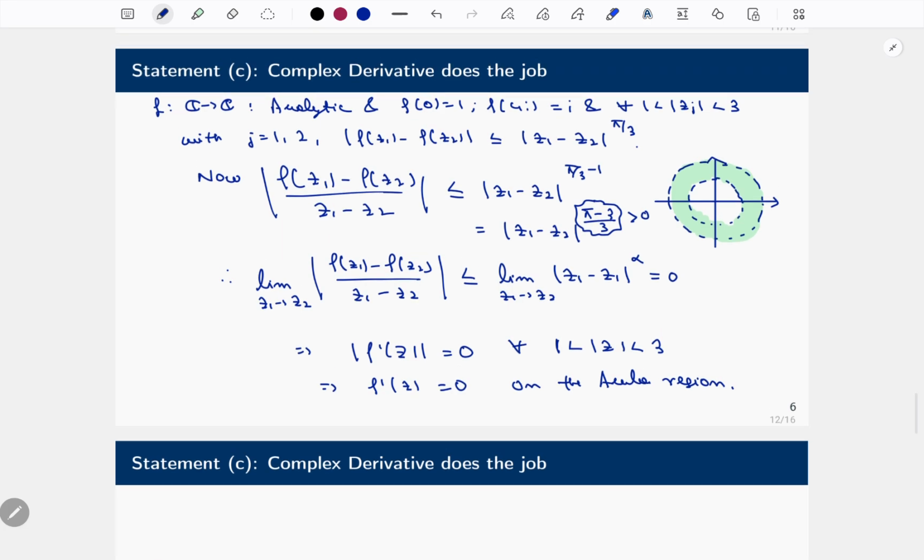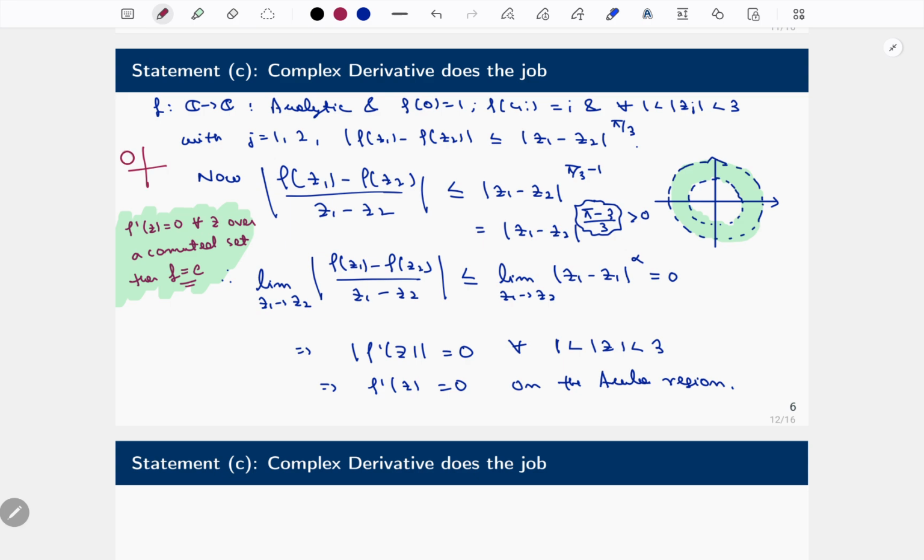And the annular region is connected. So recall that if f prime of z is equal to 0 for all z over a connected set, then f is a constant function. The requirement of a connected set is necessary, and let me say this in a very subtle way.